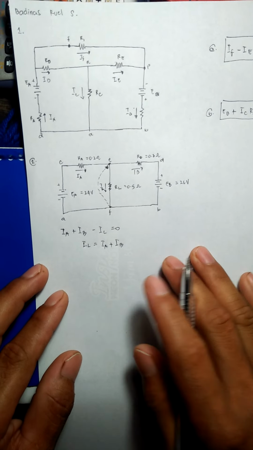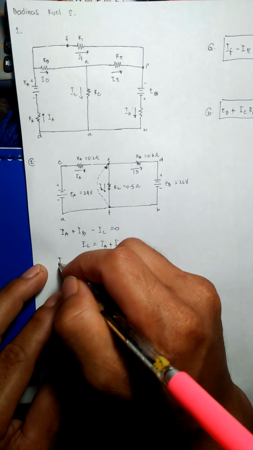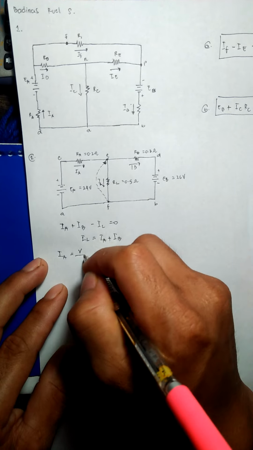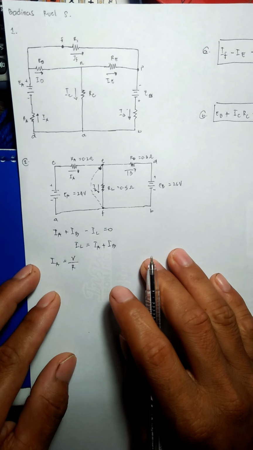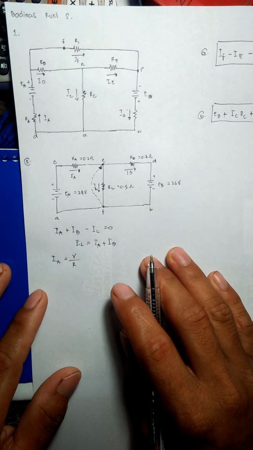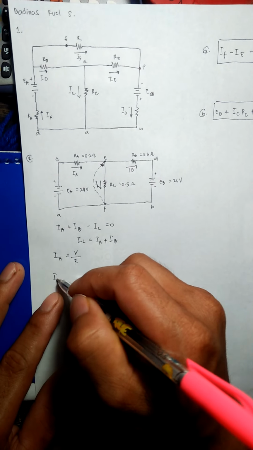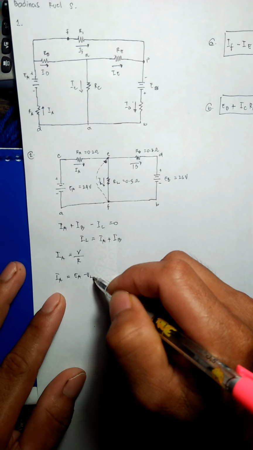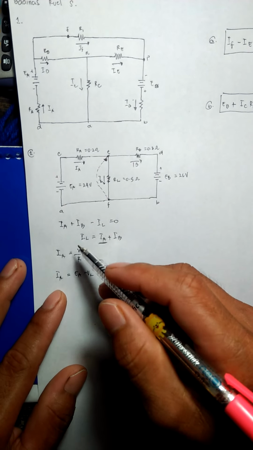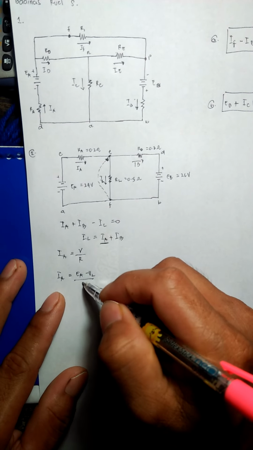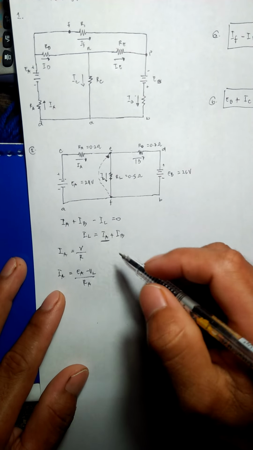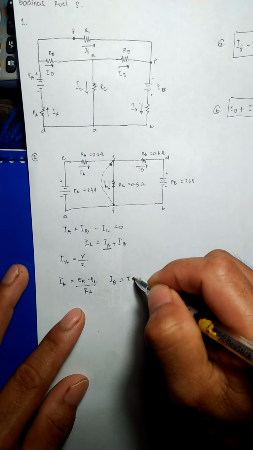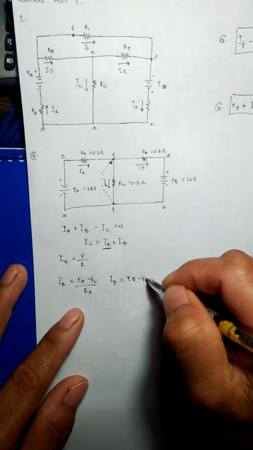Then we all know that solving for current is equal to source voltage over resistance. So we can now say IA is equal to EA minus VL over RA. Then IB is equal to EB minus VL over RB.